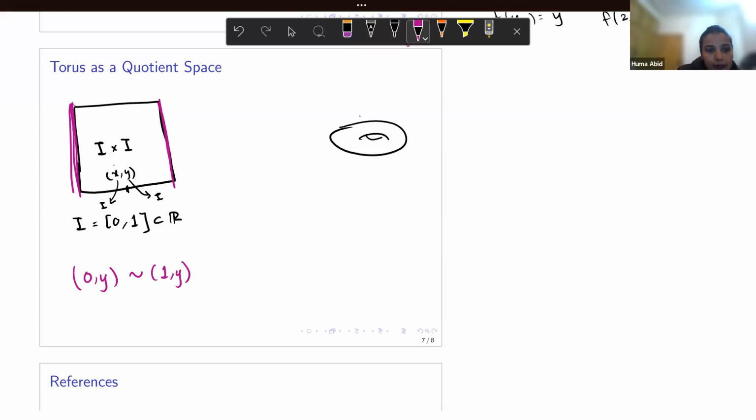So y could be anything, right? Any point here, 0.25, 0.5, anything. And then this results in the first identification, where you had this cylinder, right?